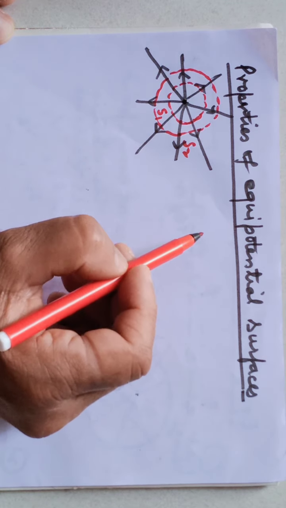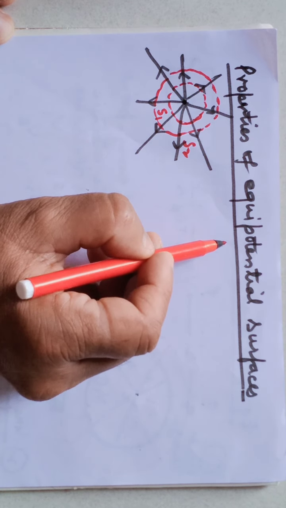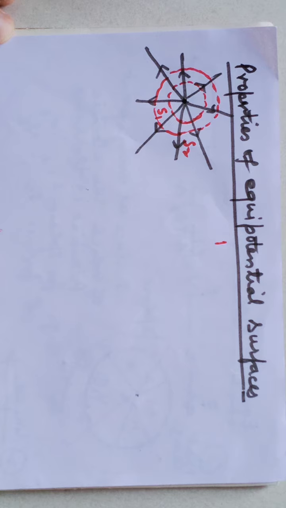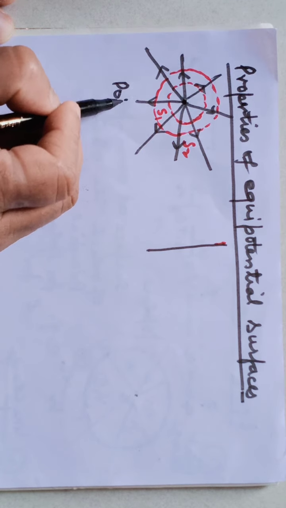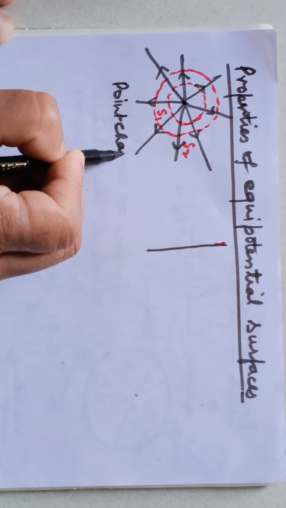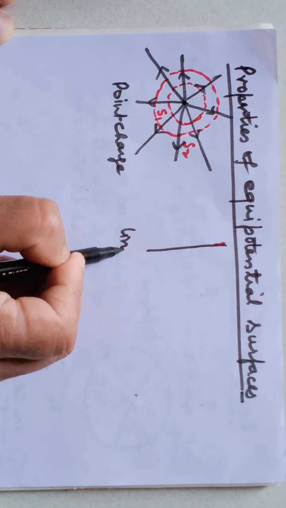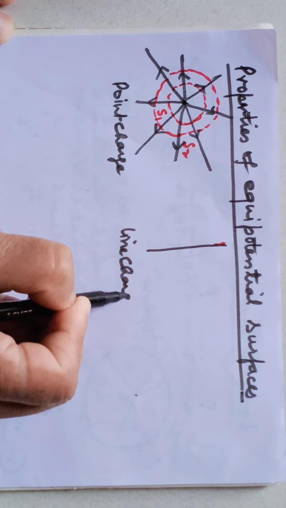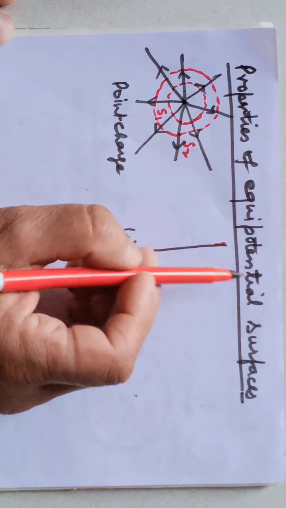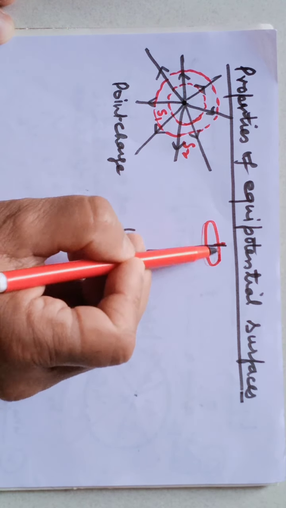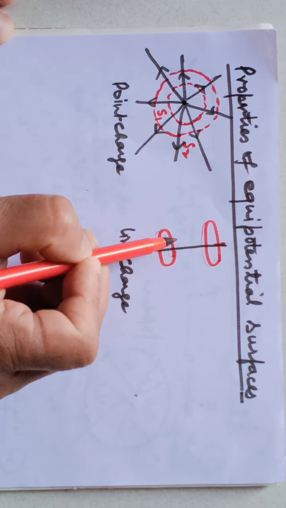Now again we draw the equipotential surfaces for a line charge. This was a point charge, this is a line charge. So the equipotential surfaces are cylindrical surfaces.